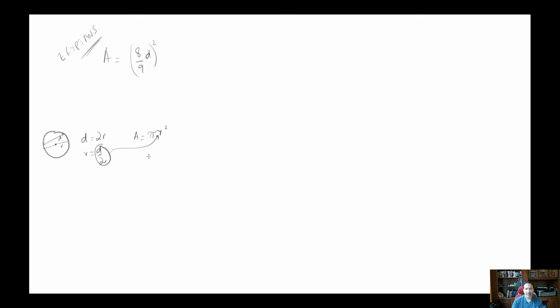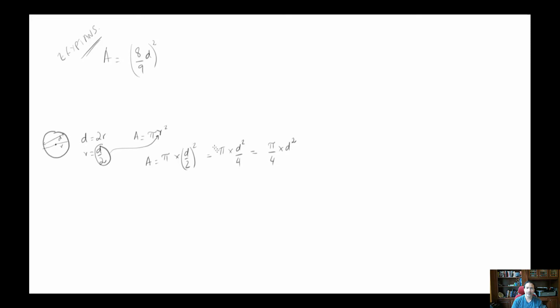In that case, the area will be equal to pi times (d over 2) squared. All we did was plug in d over 2 for r and square it. So this becomes pi times d squared over 4, or another way to write it would be pi over 4 times d squared.